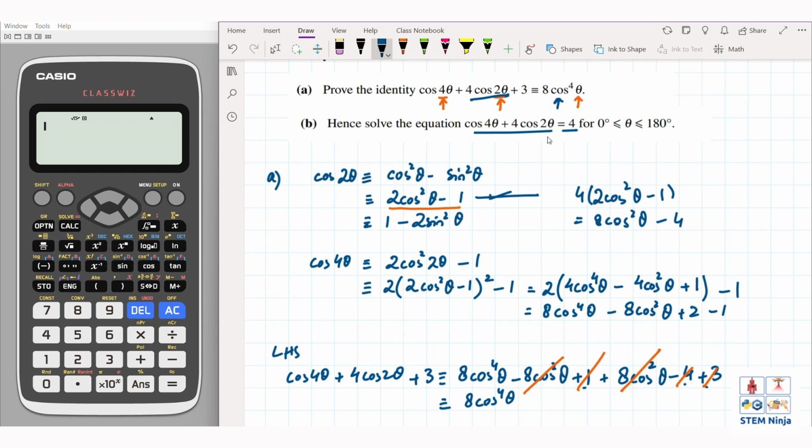Hence, solve the equation equals to 4. Now, we need to see what's the connection between this and what's given in question part B. We expanded cos 4 theta plus 4 cos 2 theta plus 3. We need to see how this is related to that.